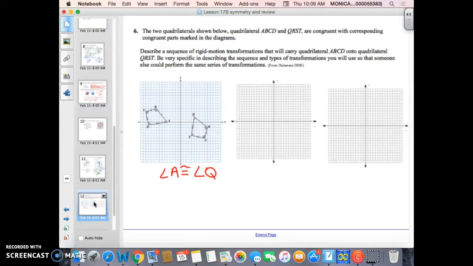Now you want to describe what happened to carry this quadrilateral onto this quadrilateral. So you're going from here to here, and you want to be very specific. You may use the coordinate grids to help you decide what happened. Okay. Go ahead and try some things out, pause the video, and we'll come back and see where you're at.